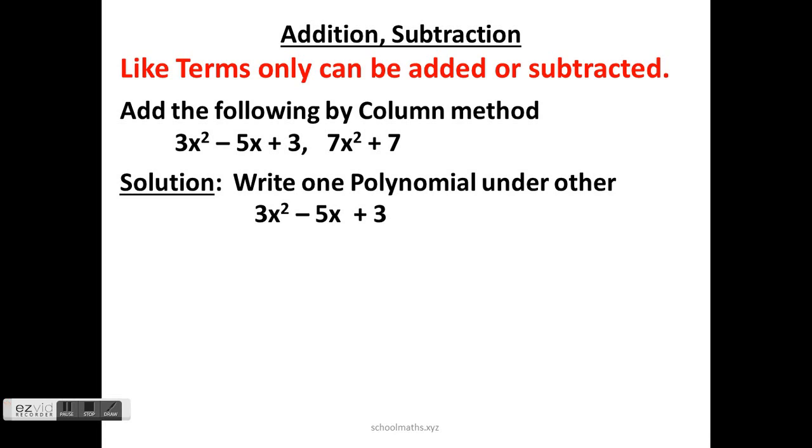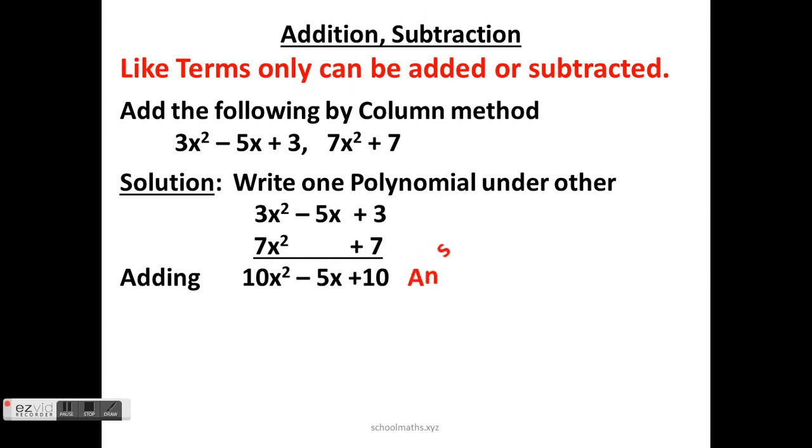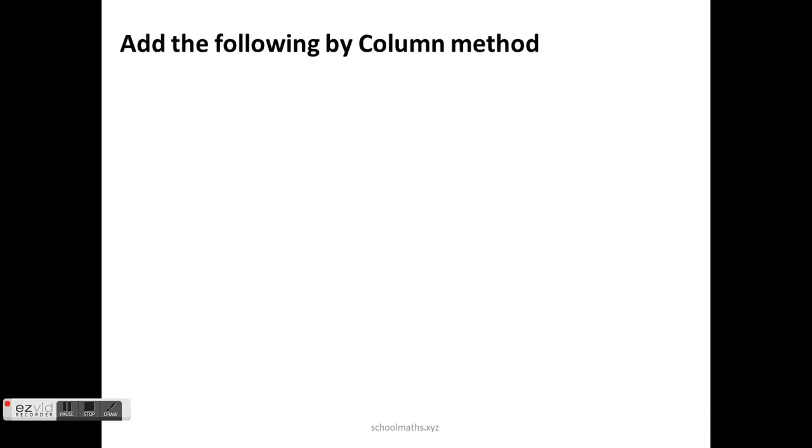The 7x square should come under 7x square. 7 cannot come under minus 5x. 7 should come under 3. So nothing there under minus 5x, 7 is coming. Here we are adding. Now we can add 7x square plus 3x square, 10x square. Minus 5x as it is. 7 plus 3, 10. If you are writing correctly, your answer will be correct.